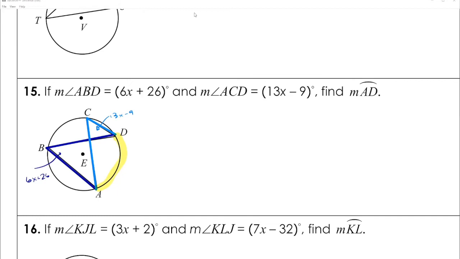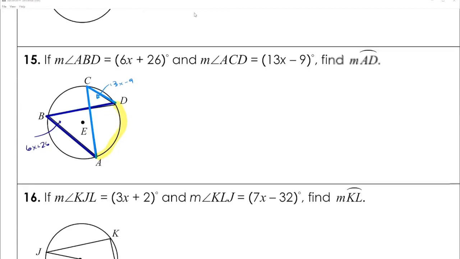How come? They are not parallel lines. If they were parallel, I like where your head's at, and we can probably work in that direction. However, these are not parallel, so we cannot use them. We're going to use our intercepted angles. They're intercepting the same arc, so they have to be congruent.